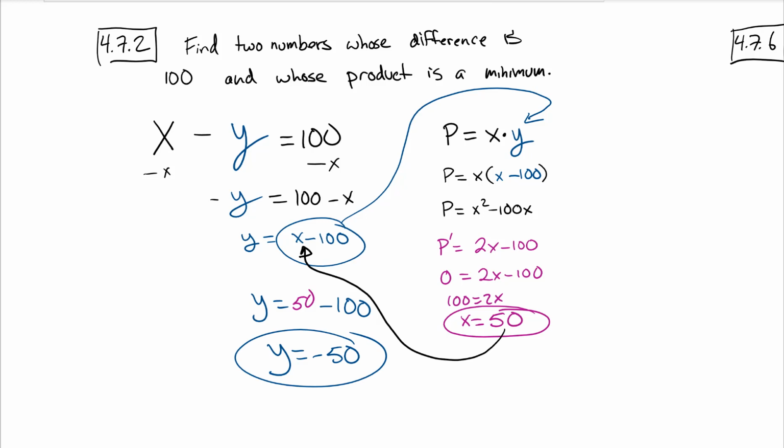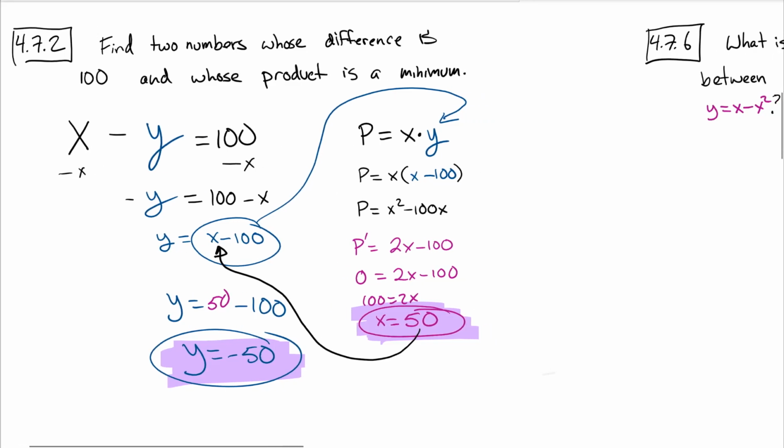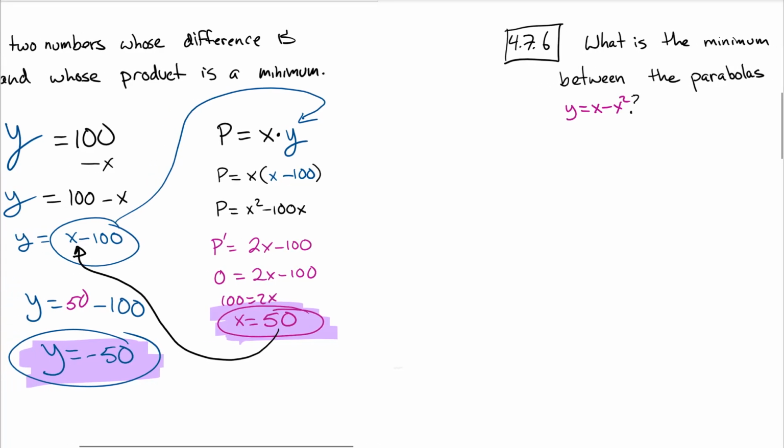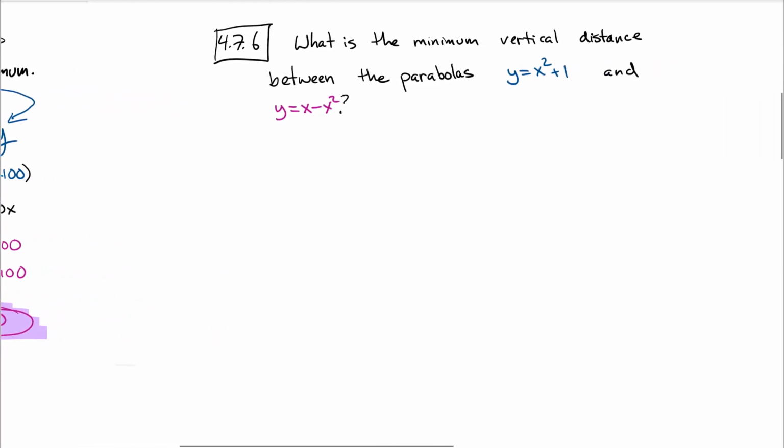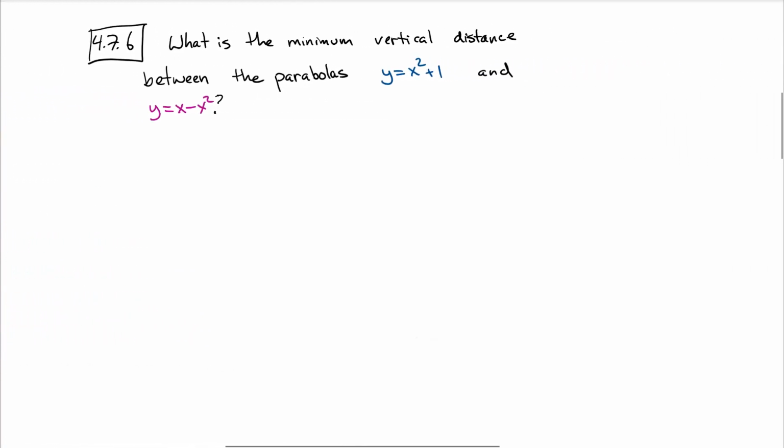And there we have it. Two numbers whose difference is 100 and whose product is a minimum. Let's go. Or if you kept going in the negative direction, you get positive products, and that's why that doesn't work. So let's go to 4.7, number 6.